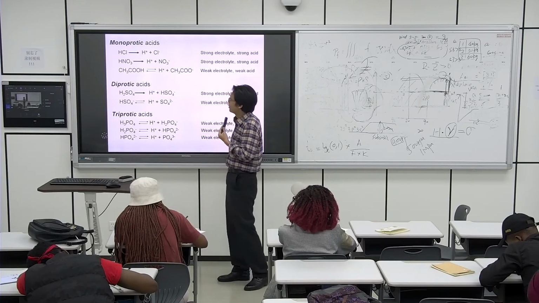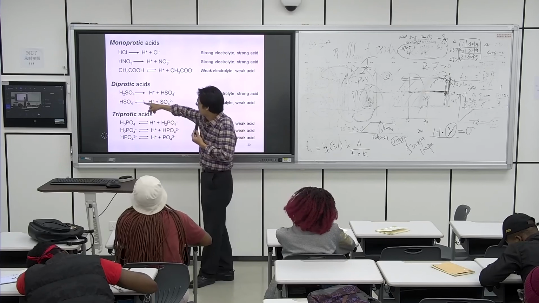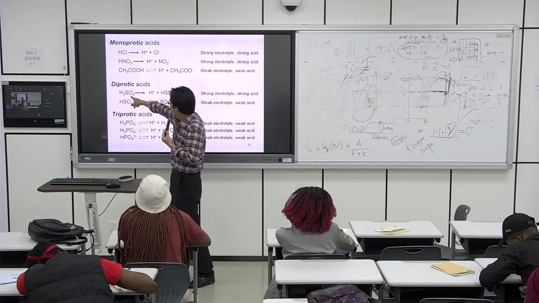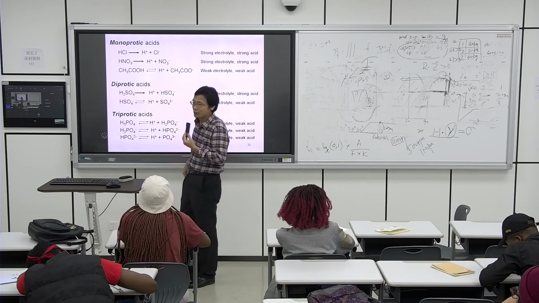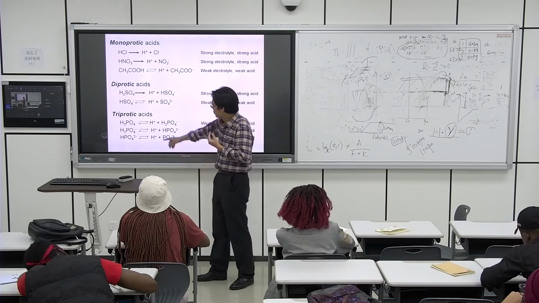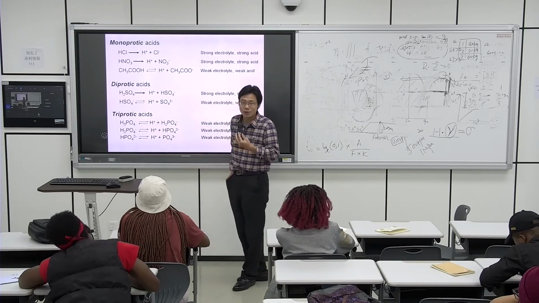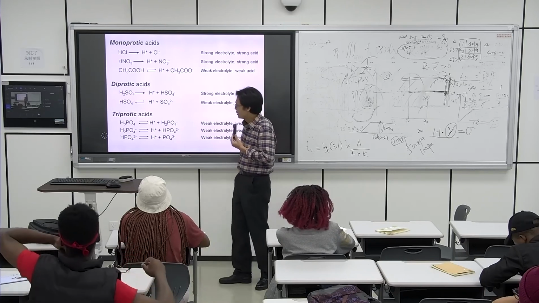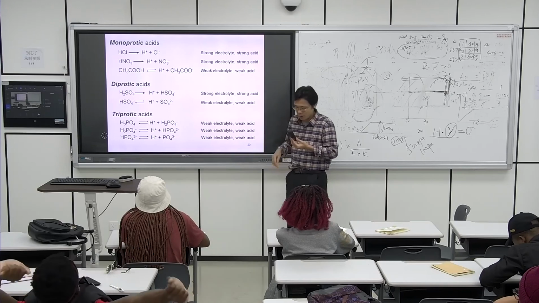So it's called monoprotic acids. So for this one, it can release 1 and 2, right? So it's called diprotic acid. So for this guy, it can release 3 protons. So it's called triprotic acids. Okay. So have a short break.